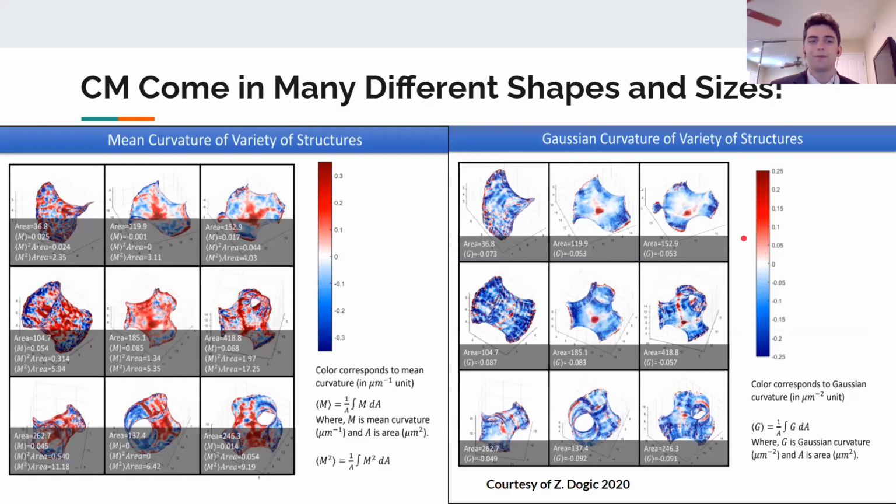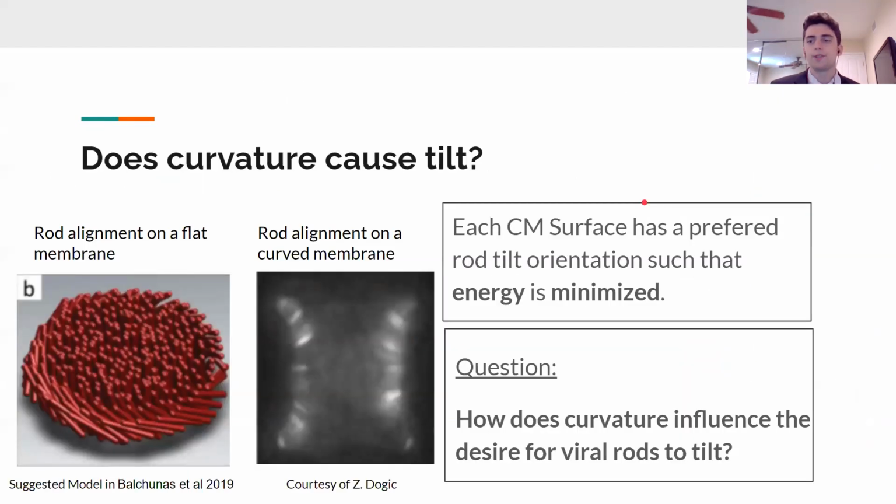It turns out that colloidal membranes come in many different shapes and sizes, and they all have their unique rod orientation on them. So this raises the question, does curvature of different colloidal membrane surfaces cause these viral rods to tilt away from the normal of the surface? Well, when we examine these 2 images here, we have rod alignment on a flat membrane, which is what we saw before.